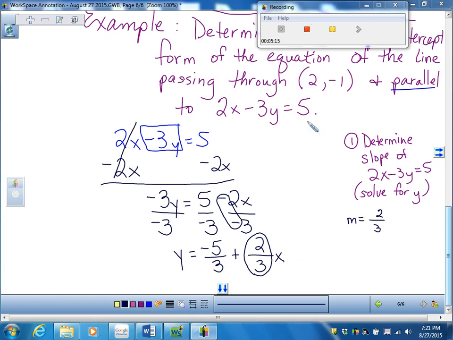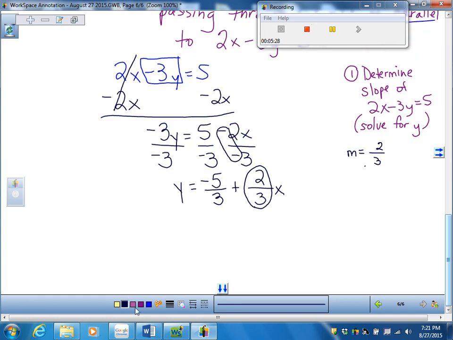So now I can move on and find the equation of the line that is parallel to this line, which had a slope of 2/3. Now remember, parallel means same slope. Parallel means same slope.